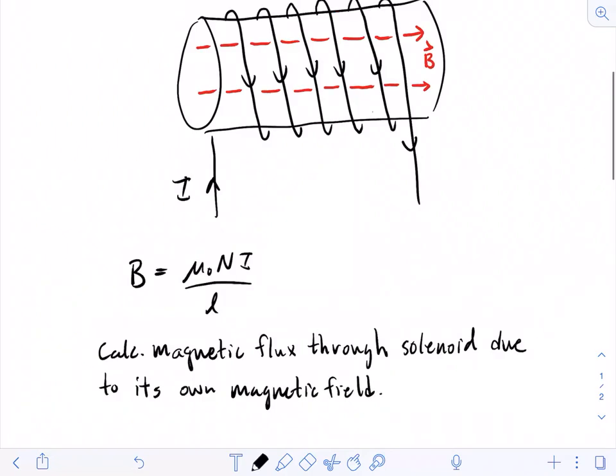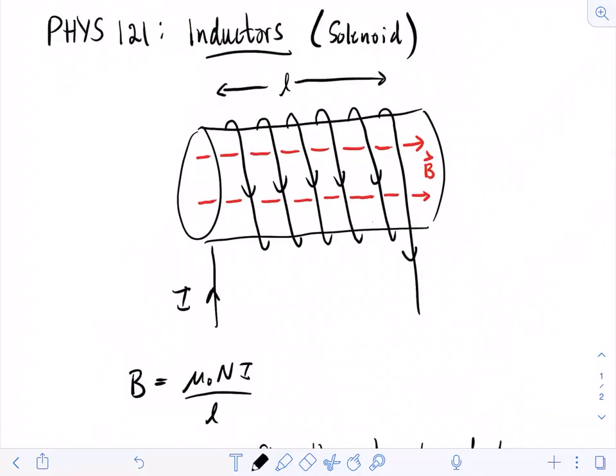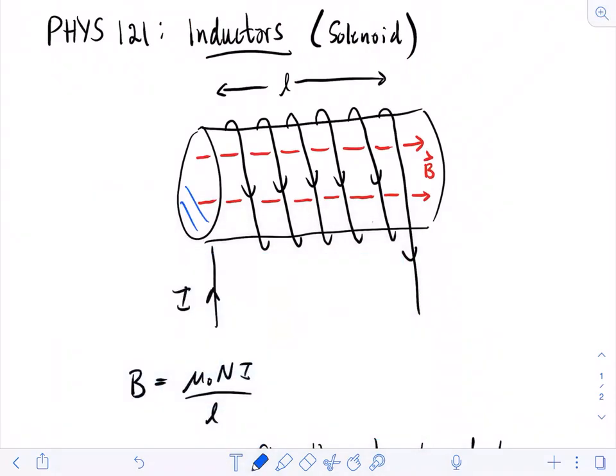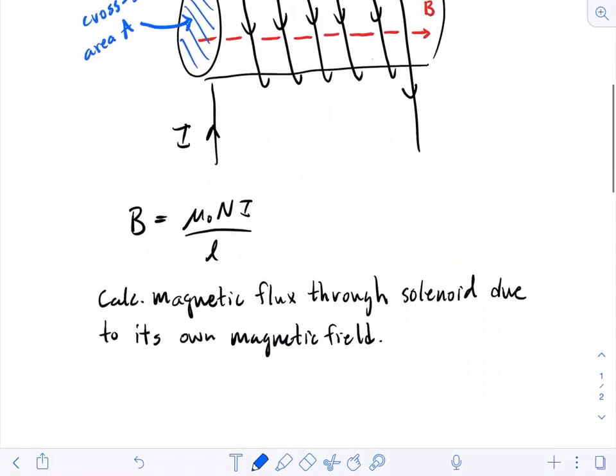In order to do that, we need to know the area of our solenoid, the cross-sectional area. And so we'll say that this is a cross-sectional area of A. So if we've wound a cylindrical solenoid, then that cross-sectional area is a circle.